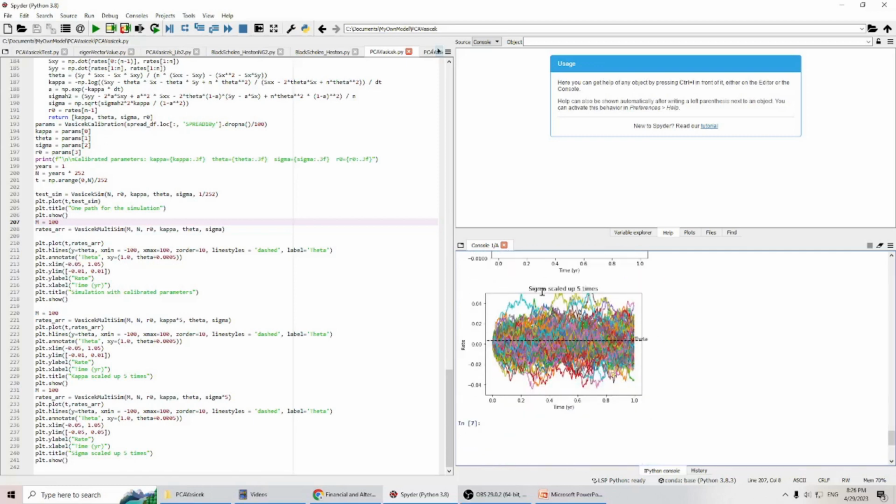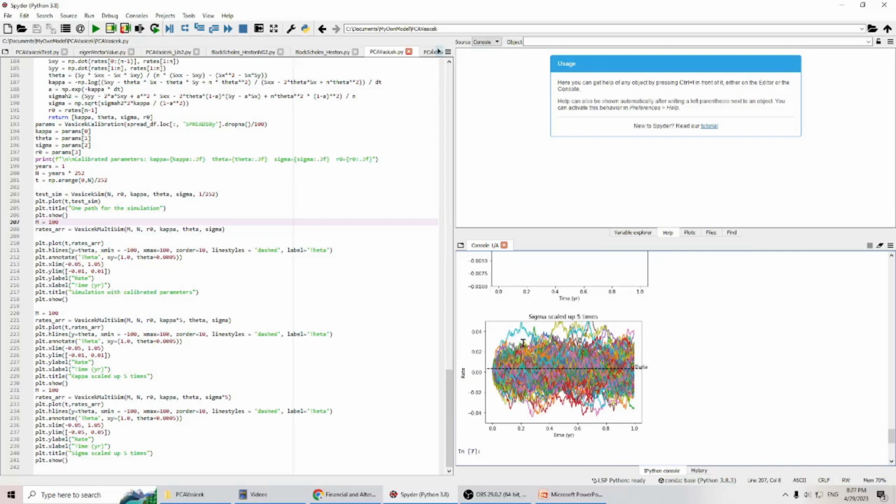And if we scale up sigma by 5 times, you can see the Monte Carlo simulation shows a graph like this.